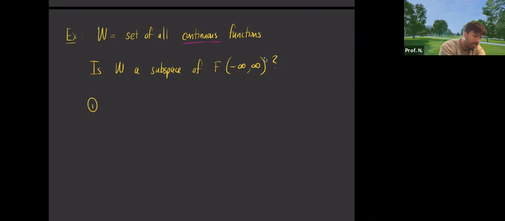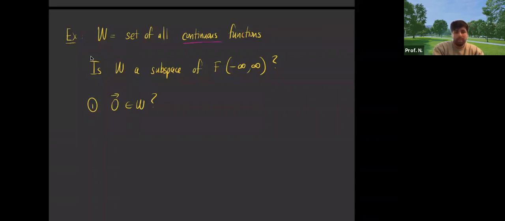So then what would be the question? First, does zero exist in W? And again, what would this zero vector be in this general sense, in the space of functions? No, not f of 0.